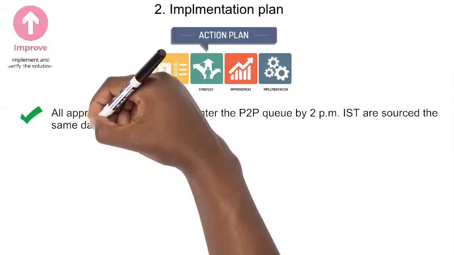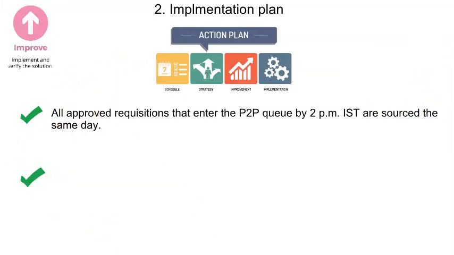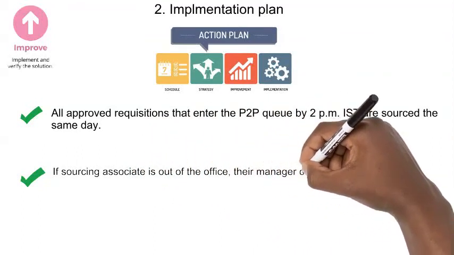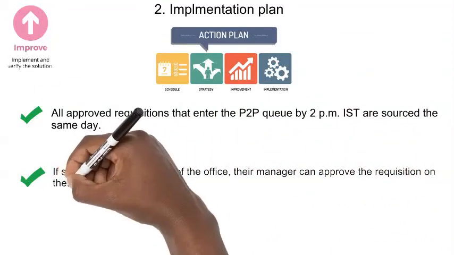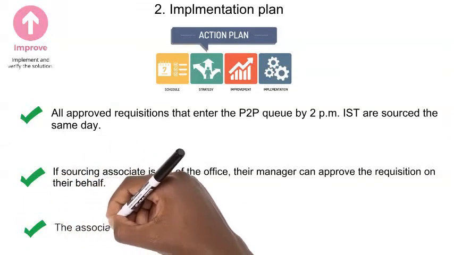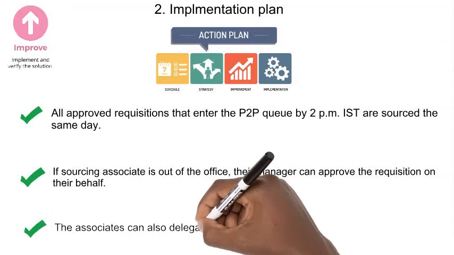So all the requisitions that enter the P2P queue by 2 p.m. IST are sourced on the same day. In case a sourcing associate is out of office, their manager can approve the requisition on their behalf.